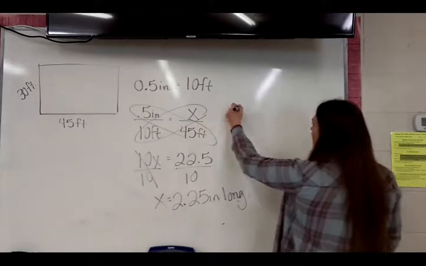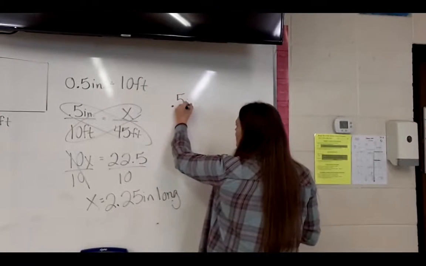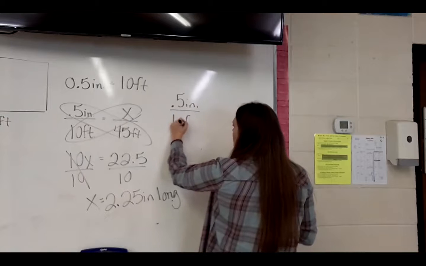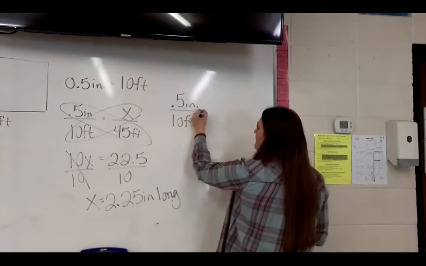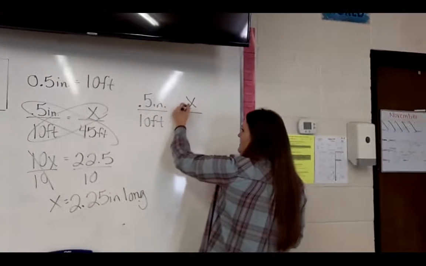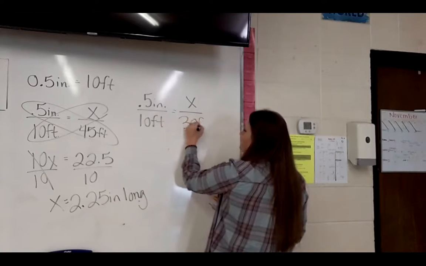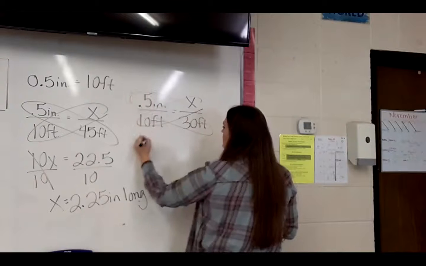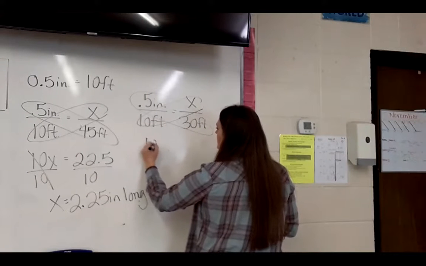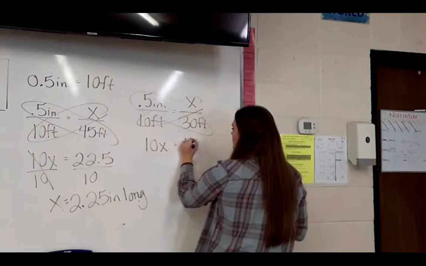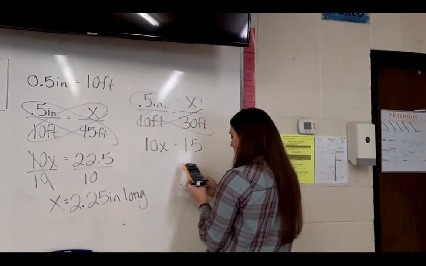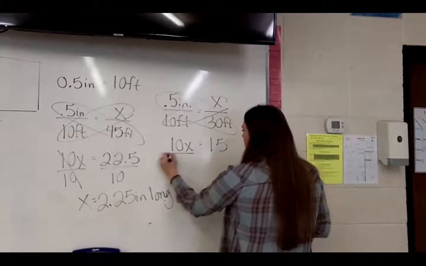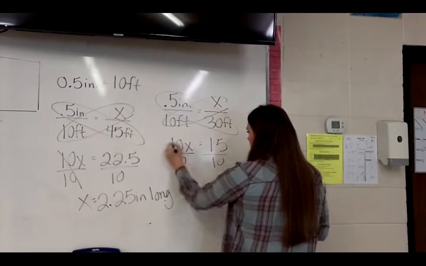And then I set up the same thing. My drawing did not change as far as your scale will be the same. It's just now we're finding a different measurement. We want to know how wide is it going to be if the actual one is 30 feet wide. So again, we're cross multiplying. So I have 10x equals 15. You can double check. 30 times 0.5 is 15. Divide both sides by 10.